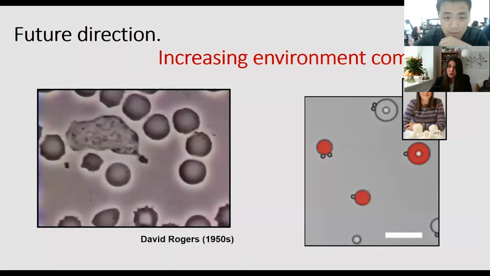And before I conclude this talk, I want to give you a bit of future direction. As I said at the beginning, a great motivation comes from biological swimmers moving in complex environments. So as a next step, we wanted to increase the complexity in our environment. We performed experiments in which we 3D printed obstacles on the wall.